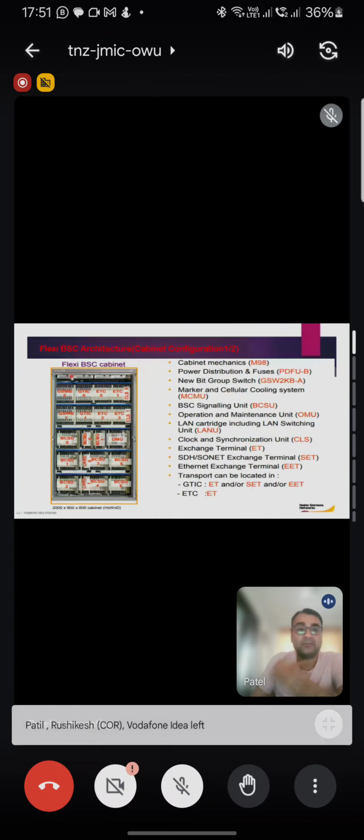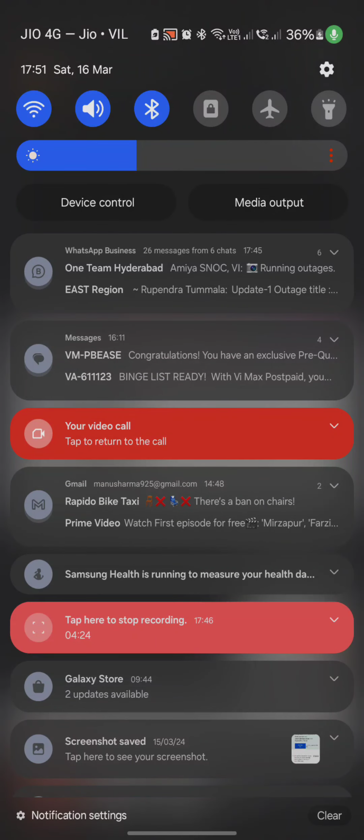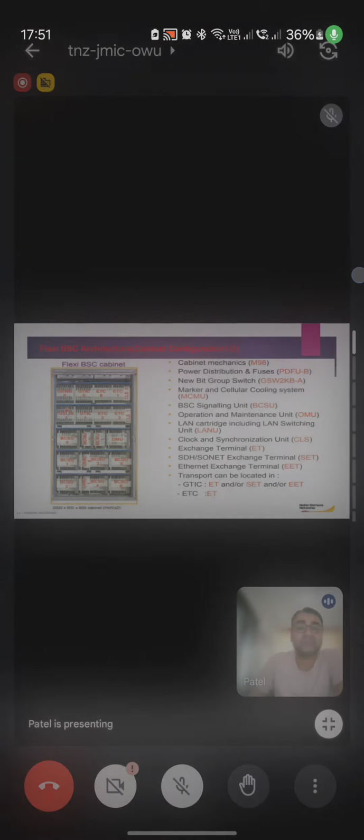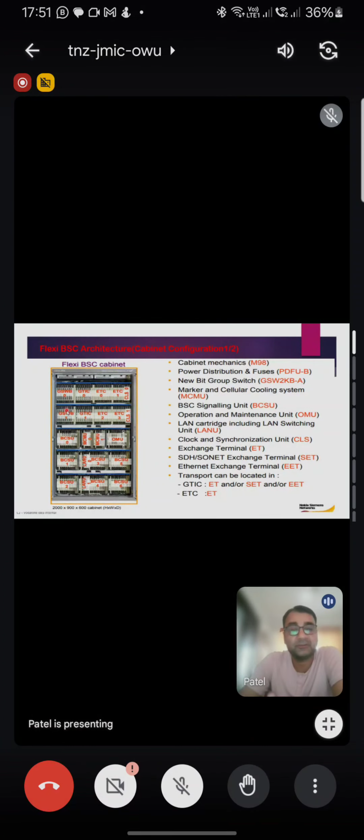Power distribution: the topmost is the PDFU, power distribution and fuse unit. Below that is GSW 0, GSW meaning the group switch. We will see what the group switch is. Then GTIC is the card that supports the STM, meaning whatever connectivity we take from our MUX to the BSC, for the electrical or even the optical part.